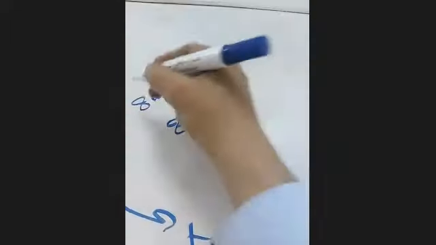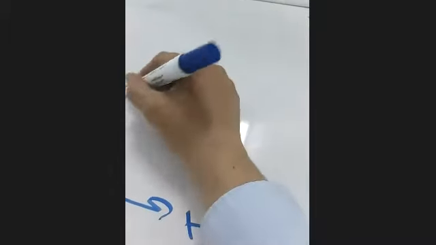Next student, Yanal Fadi. Mister, I don't understand coefficient. The coefficient, look here. 8m and 8. If the number is multiplied with a variable, we call it coefficient.